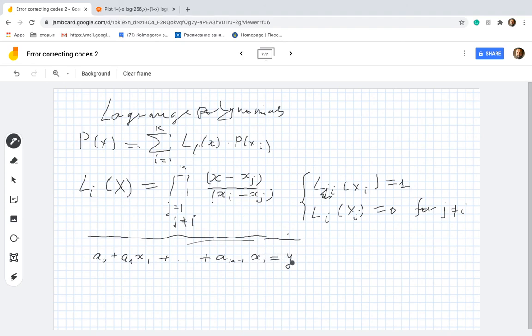Call the first value y1 and the last value yk.